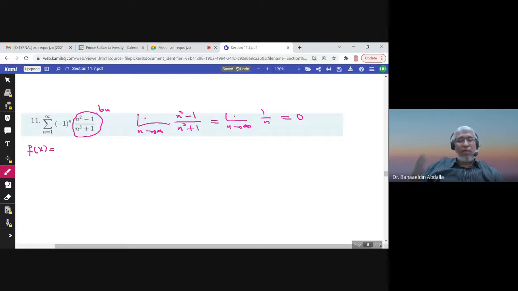And I need to prove that bn is decreasing. For that, I will find the derivative of this function using the quotient rule. The derivative of the numerator is 2x. The derivative of the denominator is 3x squared.